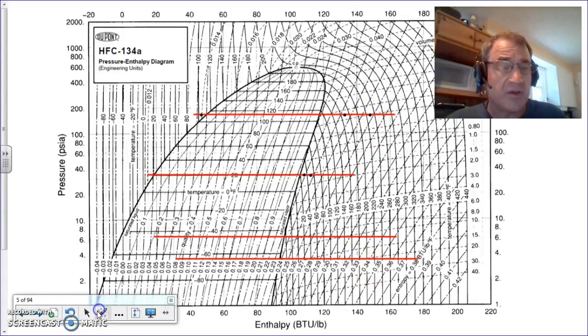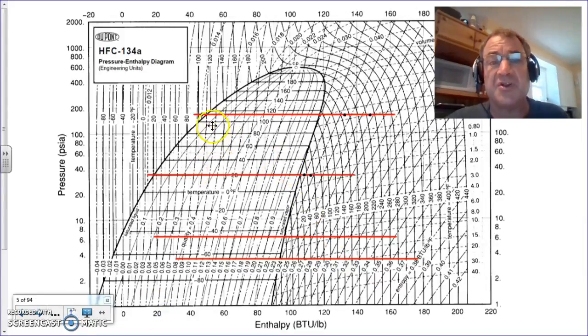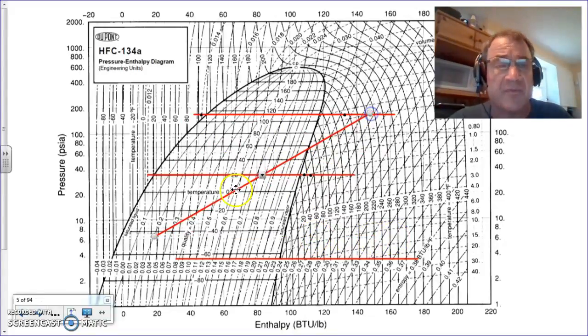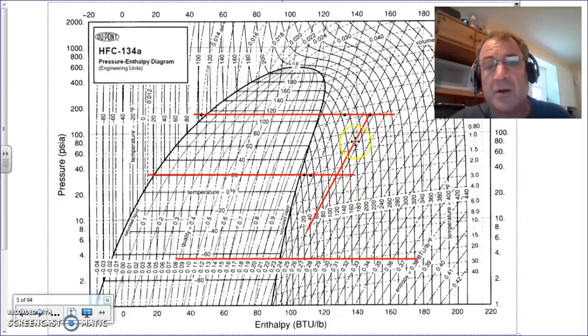Now, having done all of this, now that we know our pressures and our temperatures in the system, we can complete the plotting of a refrigeration cycle, usually starting from this point right here.